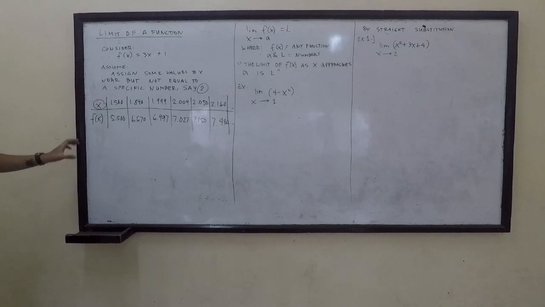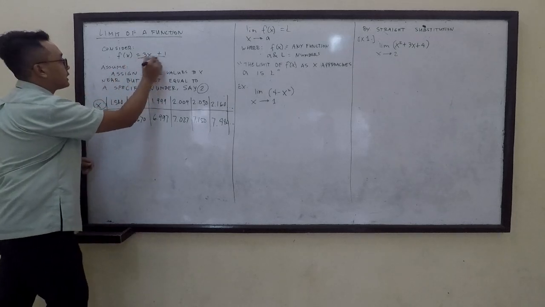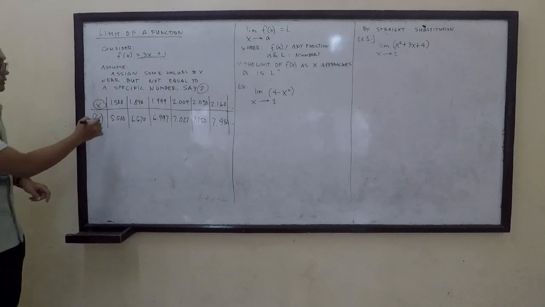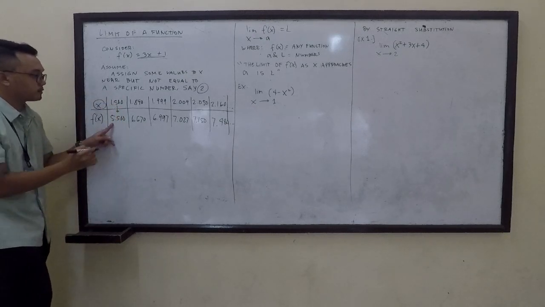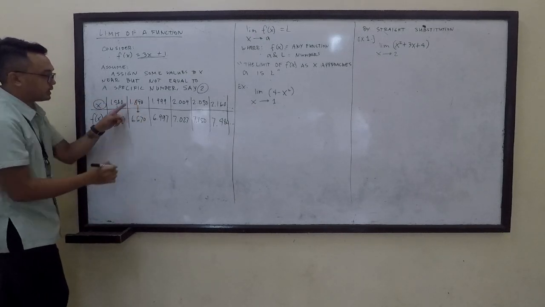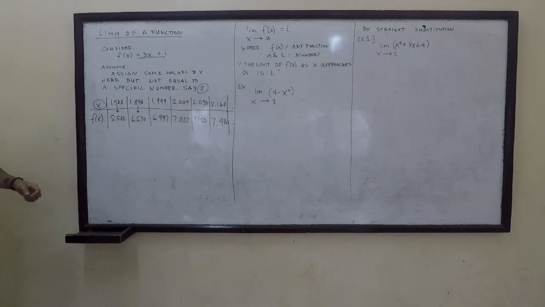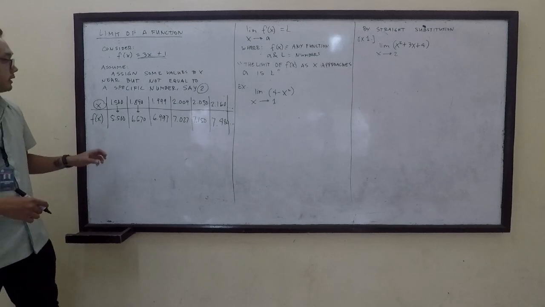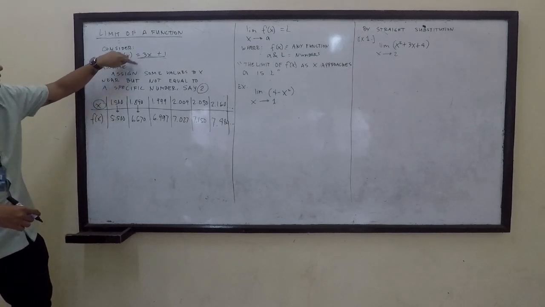Okay. Then f of x, these are the values of f of x for the x values earlier. So, for example, when x is 1.5, this is the output. Then this is x, and this is the output, and so on. To expound, for example, x is 1.5.